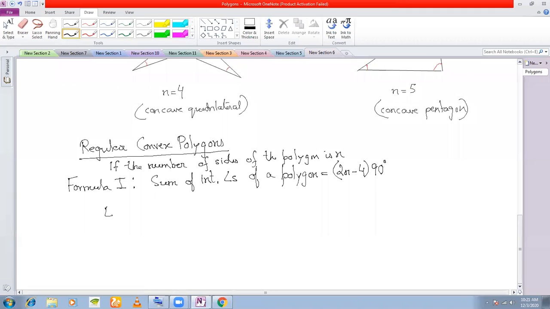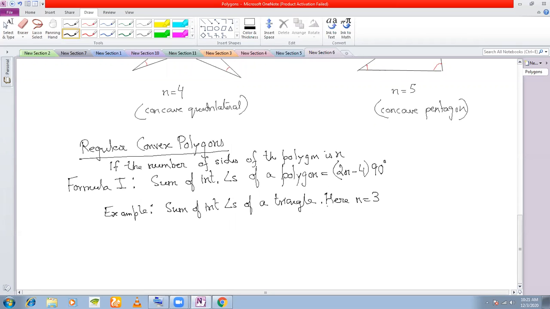For example, if you want to calculate the sum of interior angles of a triangle, can you tell me what is the sum of interior angles of a triangle? Yes, 180. And how are we getting that? Put it in the formula.